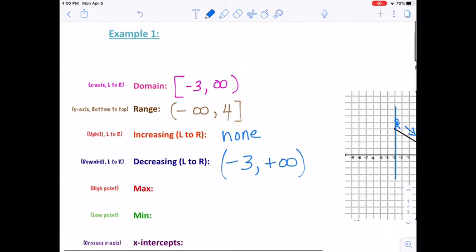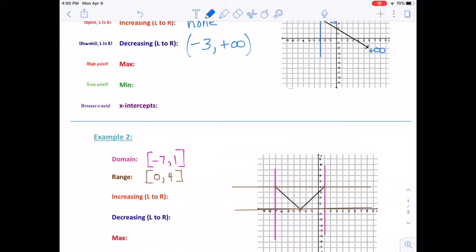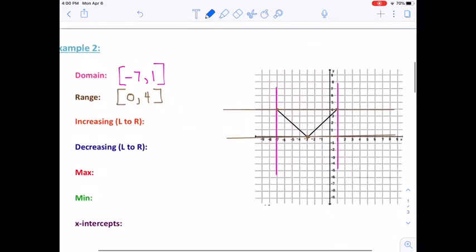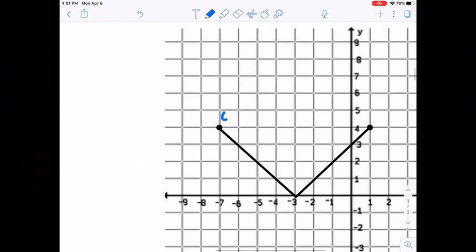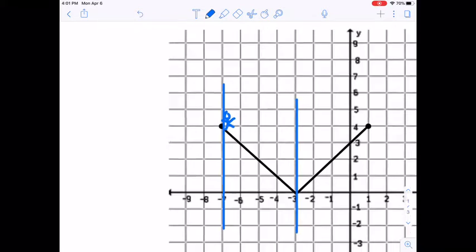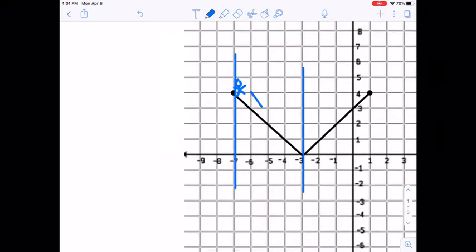Let's look at example 2, increasing and decreasing. If you're a little person standing here on the graph, starting here, you're going downhill until you get to here. That's all decreasing, downhill.